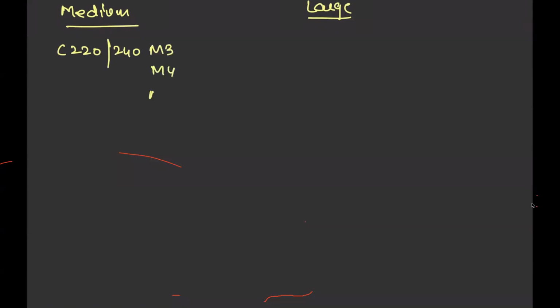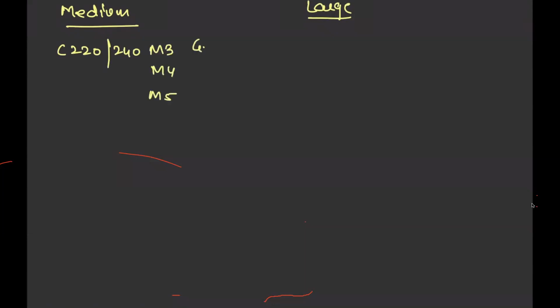So if we talk about the hardware, again it is a C series server, but it comes in two different types. Not actually generation, it actually depends on your environment. Okay, so if you talk about medium, this is going to be the C220 model or 240 model, which is M3, M4, M5.